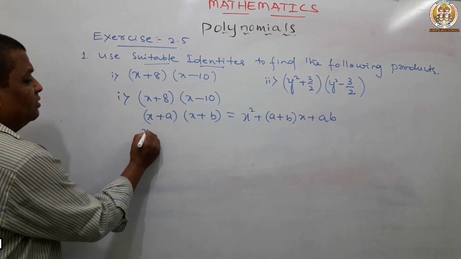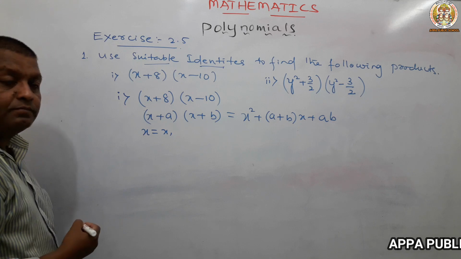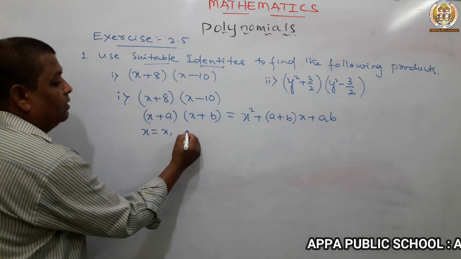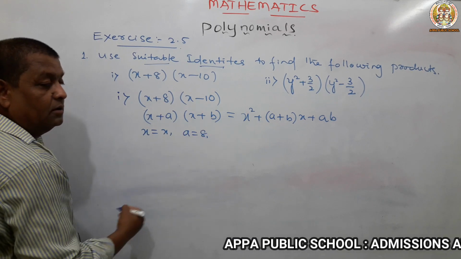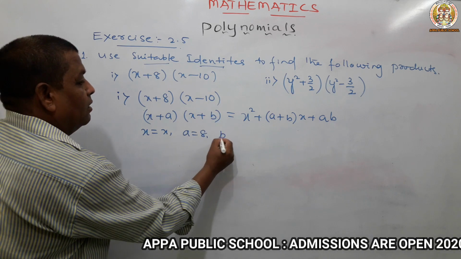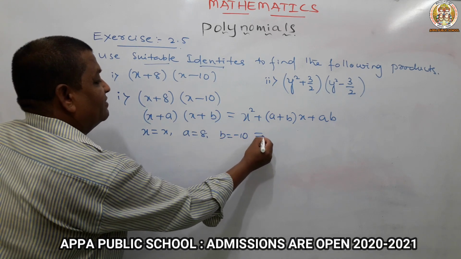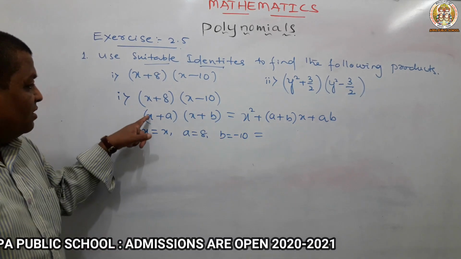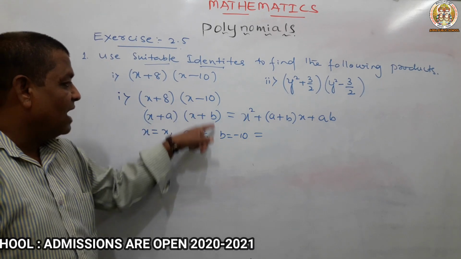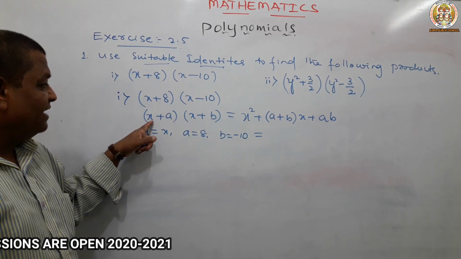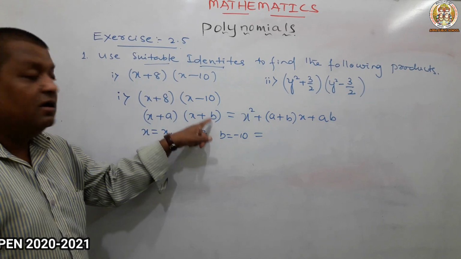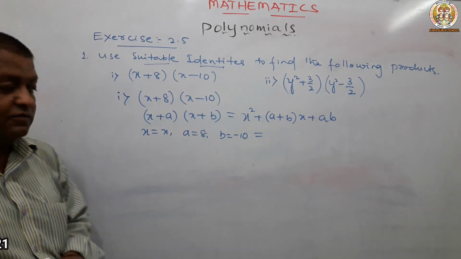What is the x value here? x is x. What is a? a is equal to 8. What is b? b is equal to minus 10. So we got the values of x, a and b. If it is minus, take minus also.